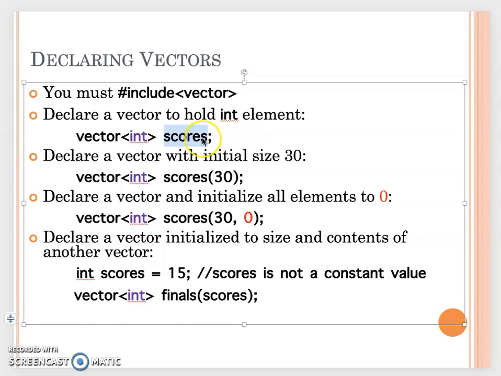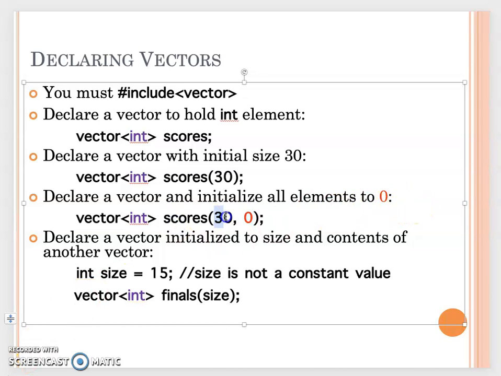You can declare it without anything, and it will give you a default size. Or you can initialize the size equal to 30. You have 30 elements, and you can also make every element's value equal to 0.